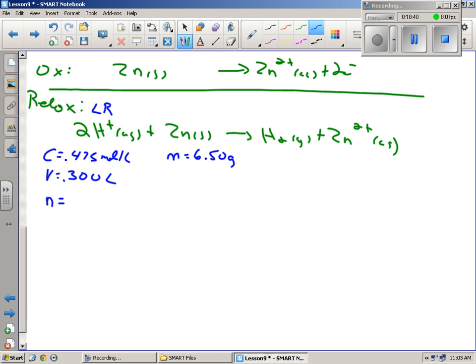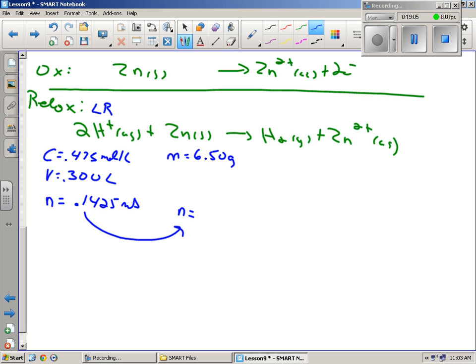So I'm going to find C and V. I'm going to find n right here, which is, by the way, 0.1425 moles. Once I've used up those 0.1425 moles, I've used up all the acid that I'm going to use up. This is the limiting reactant.